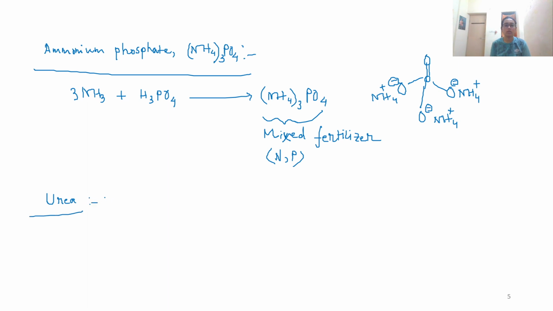Urea is NH2 whole 2 CO, or if we write the molecular formula, N2H4CO, right? Then molecular weight.